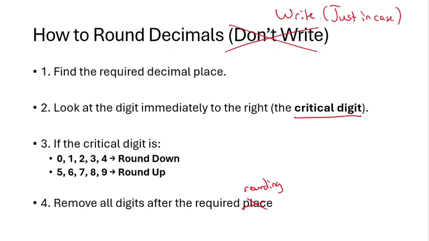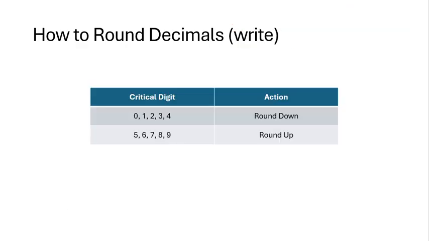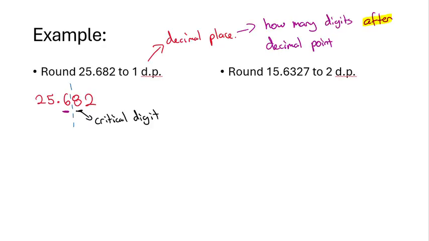If the critical digit is one of the following, let's have a look at this table. It's an 8, so on our table it says round up. So basically what happens now is the 6 here increases by 1. So this now becomes 25.7.